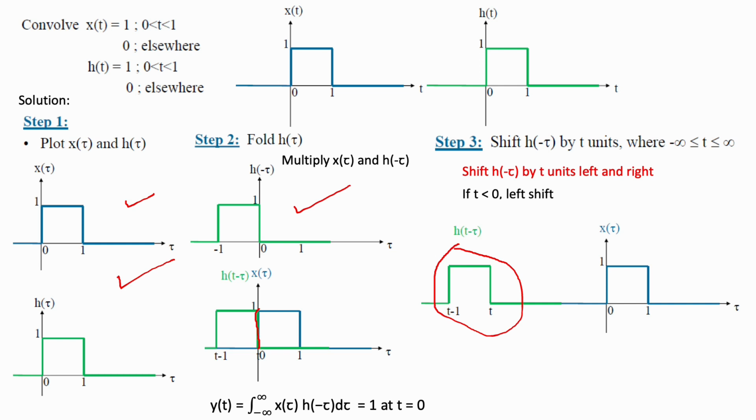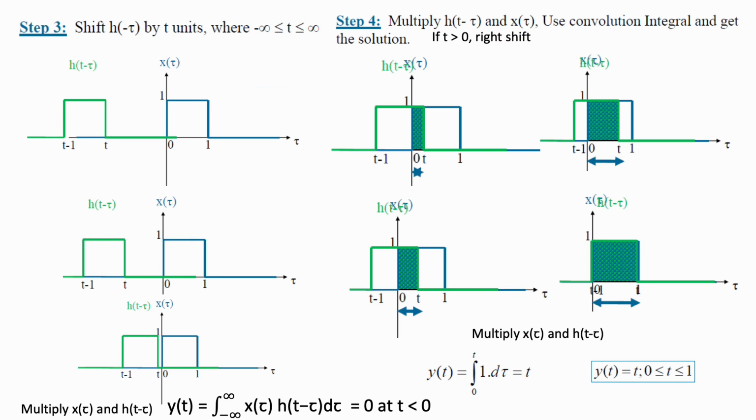The next slide is shift h of minus tau by t units. The h of t minus tau is moving towards the right, but the t will be placed at the negative left side, at the negative axis. You look at the waveform, the three waveforms: first one, second one and third one.